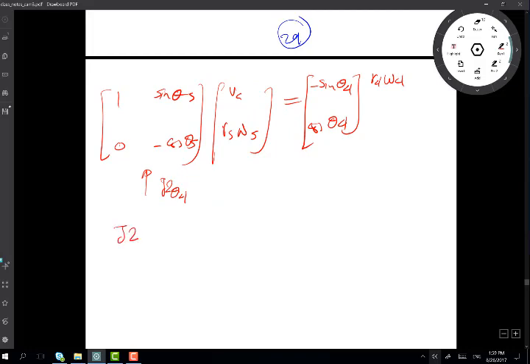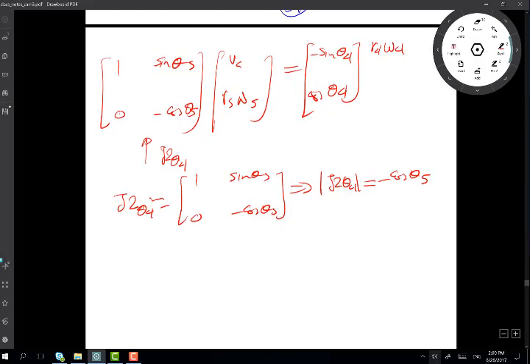So J2, the second Jacobian for theta 4, is equal to the matrix 1, sine theta 5, 0, minus cosine theta 5, and its determinant is equal to minus cosine theta 5.